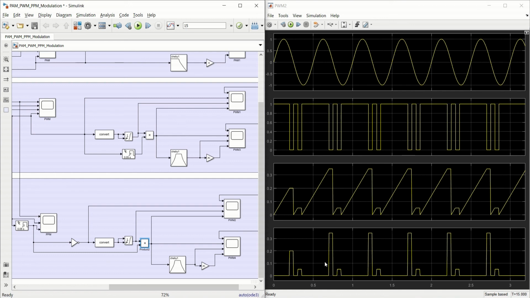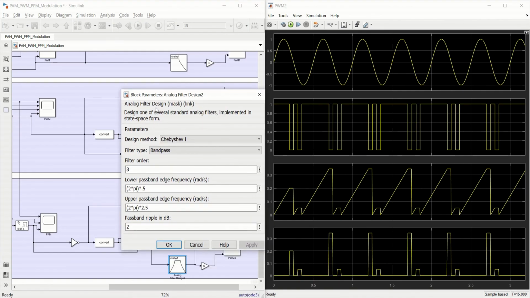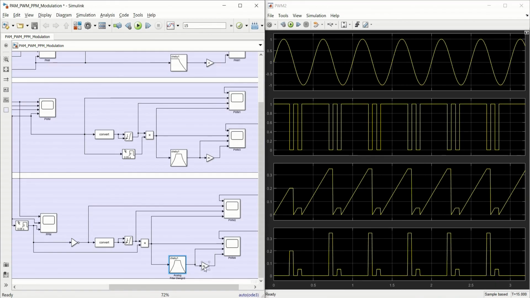Now this fourth waveform is kind of a pulse amplitude modulated waveform, and we proceed towards the demodulation of that, and for that we have used an analog filter design, that is a band pass filter with these parameters and having an order of 8, followed by a gain. For the representation, we are feeding the output of these blocks to this scope.